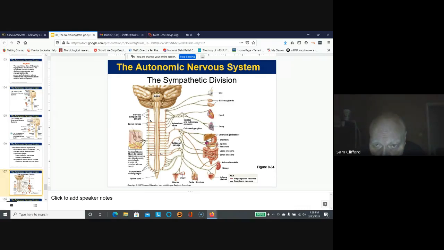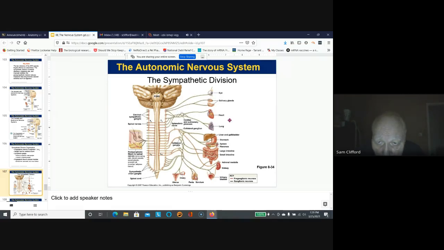So the automatic functioning of the body, everything from seeing to salivary glands, heart function, lung functions, digestive functions, reproductive functions, bladder functions are all taken care of automatically by this extensive autonomic nervous system in the sympathetic division.